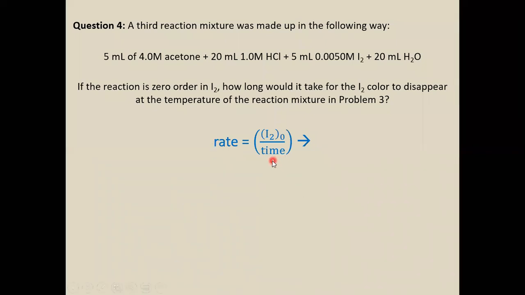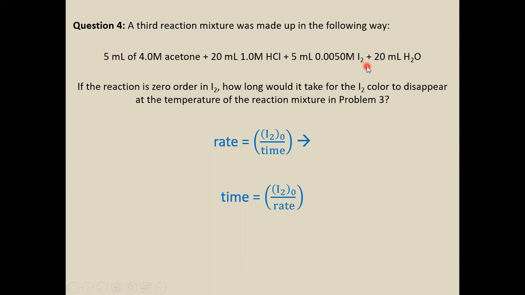Now we'll take equation 5 and we're going to solve it for time instead. Okay, you might be asking, well, where do we get this rate value from? Because we already found the rate in the previous reaction for a solution with 5 milliliters of acetone and 20 milliliters of HCl, we can use that same rate and apply it to this reaction mixture, because the only thing that's different between that second reaction mixture and this third reaction mixture is the volume of the iodine.